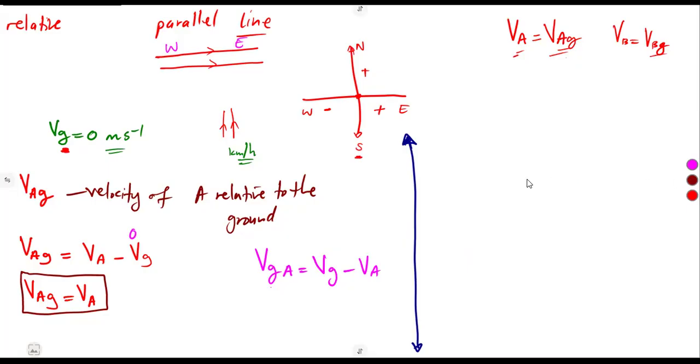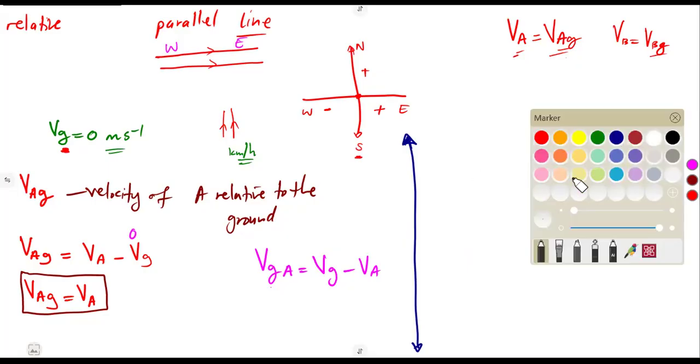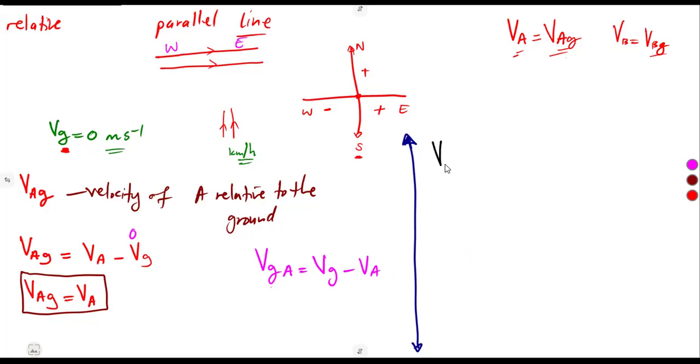But as we need to combine the two, the velocity of A relative to B is going to be what? From this part, it was supposed to be A minus B. So it's going to be VA minus VB. But what does VA represent? VA represents the actual velocity.